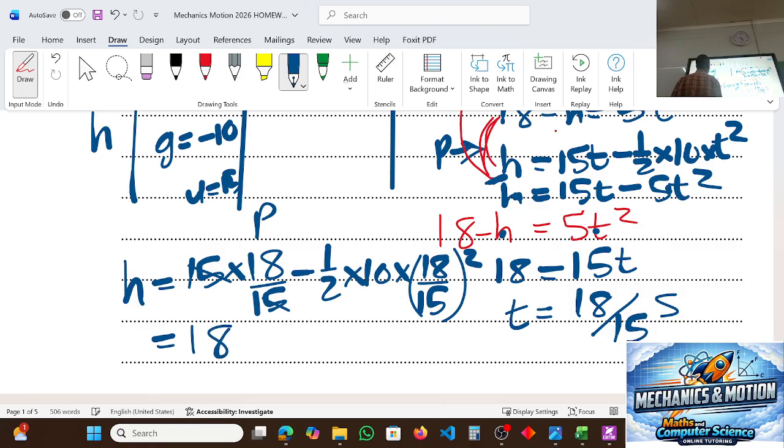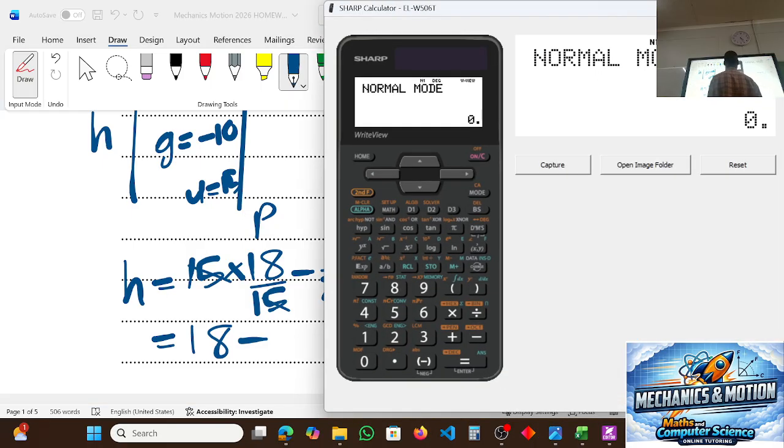I have 18 minus, let me pick my calculator and resolve 18 over 15 squared. But remember, half times 10 here gives us a 5, so whatever answer I get, I'll multiply it by 5. So let me pick my calculator and say 18, then I bring the fraction over 15, then I say equal.